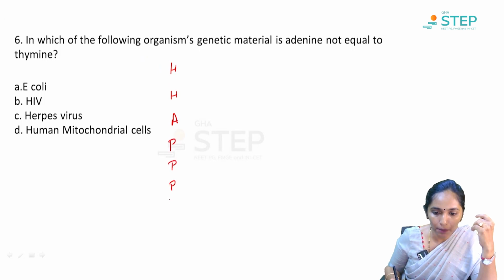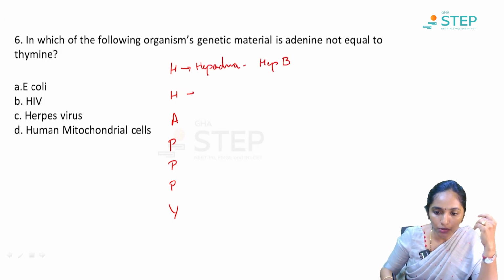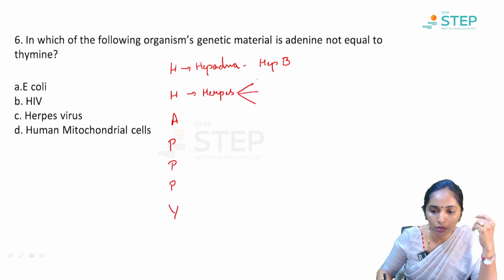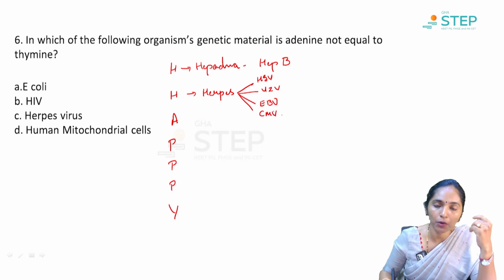H is hepadna, which includes hepatitis B virus, then herpesviridae. Many herpes viruses come under this, that is herpes simplex virus, varicella zoster virus, EBV. Then you have CMV among the most important ones.